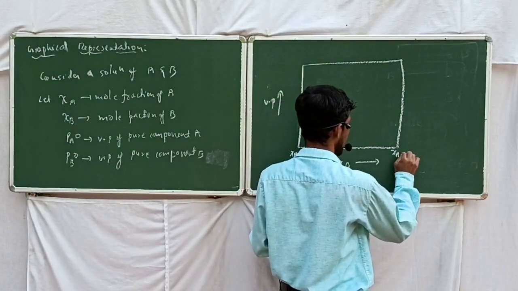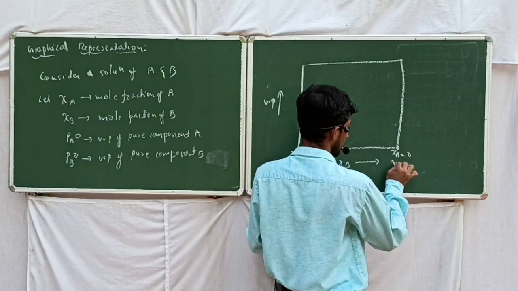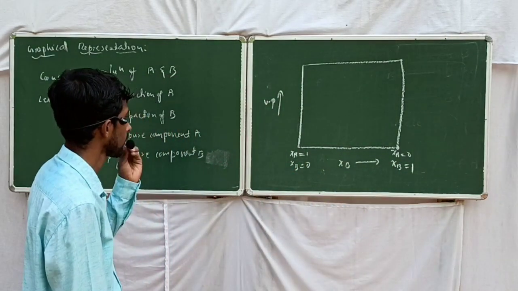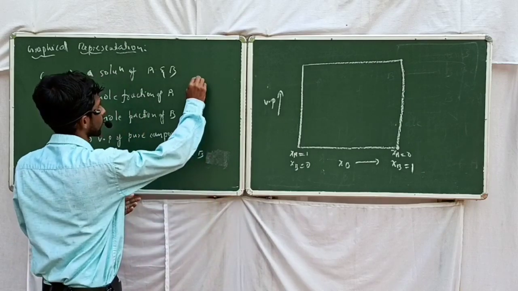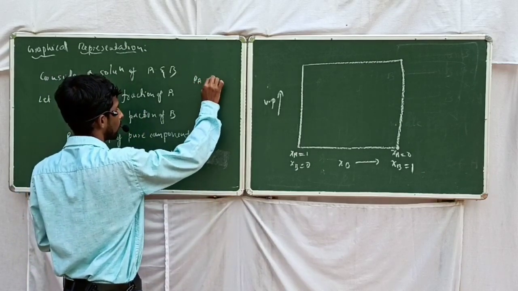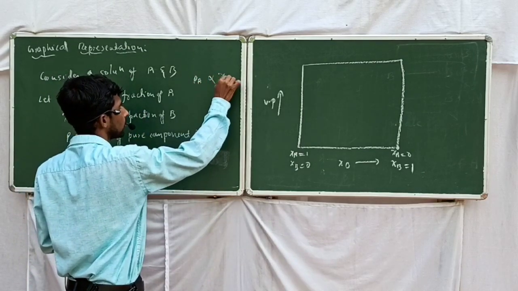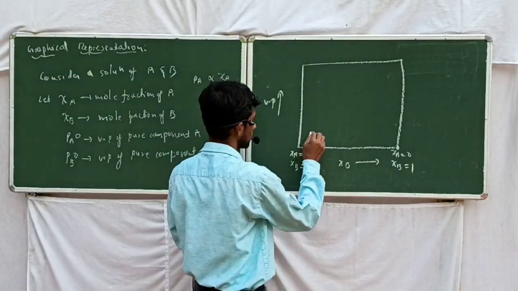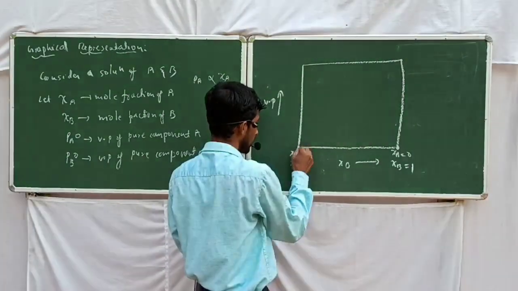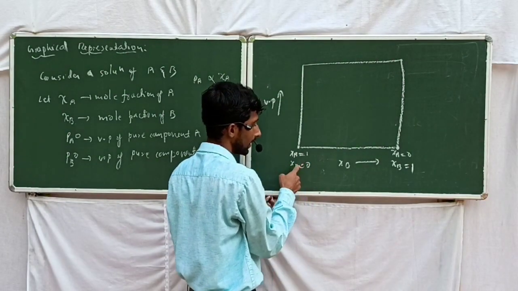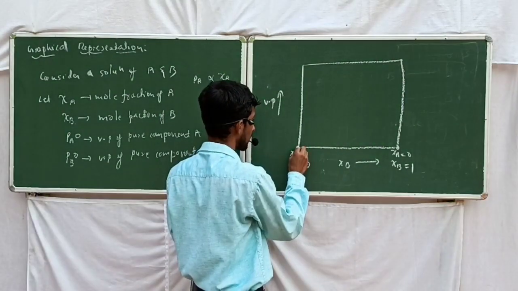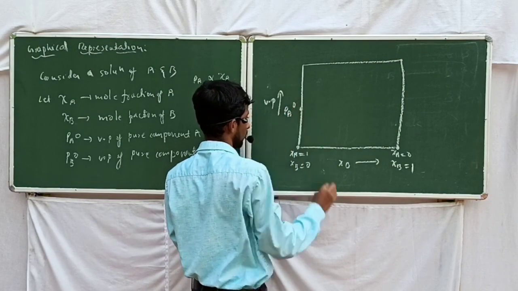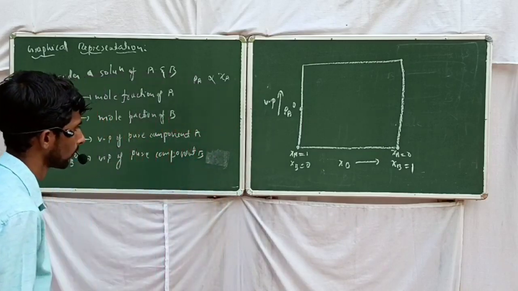Here we reach xi A equal to 0 at this point, where we have xi B equal to 1. Then according to Raoult's law, Pa, the partial vapor pressure of A, is directly proportional to xi A, right? So you can observe here xi A equal to 1, that means we have only A, so the vapor pressure corresponding to that point is nothing but Pa naught.